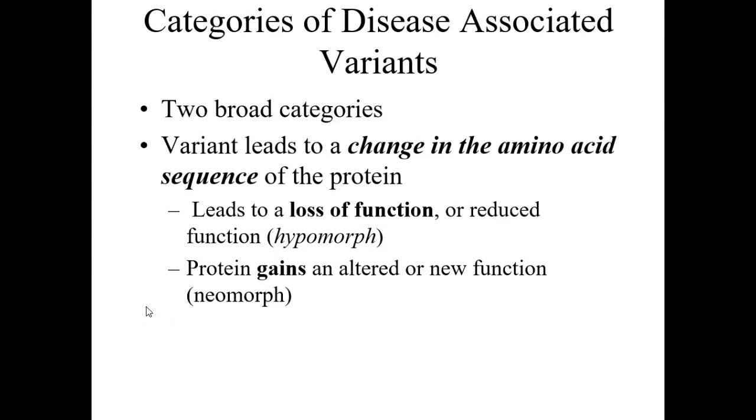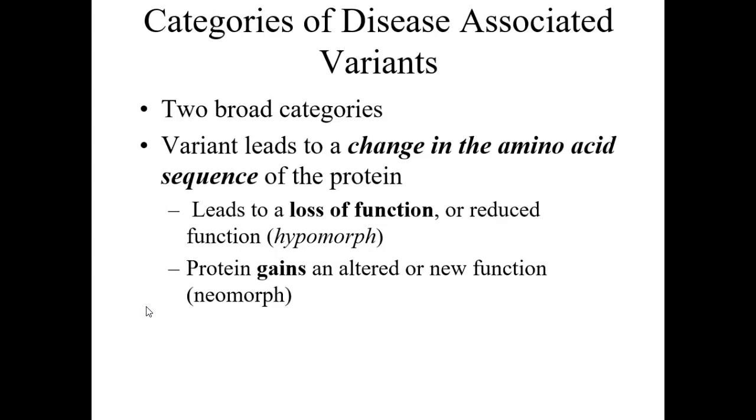Indeed, many diseases are caused by a loss of function or reduced function. A perfect example would be BRCA1, BRCA2, P53, things like that, where a mutation will decrease the efficiency or effectiveness of a protein in doing something important. In those cases, it's obviously tumor suppression.